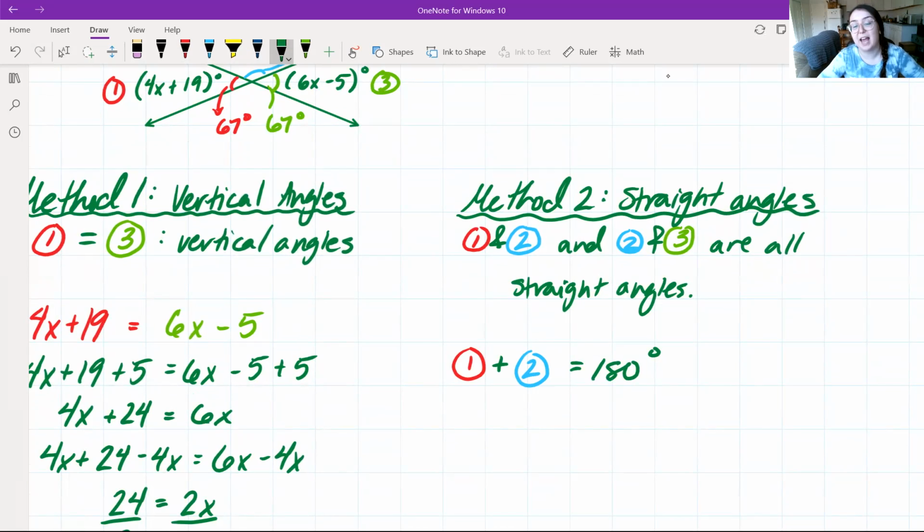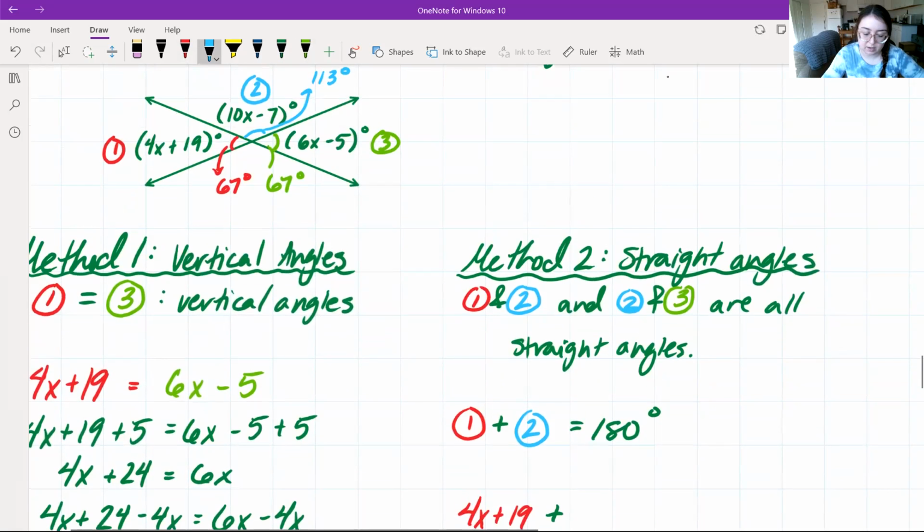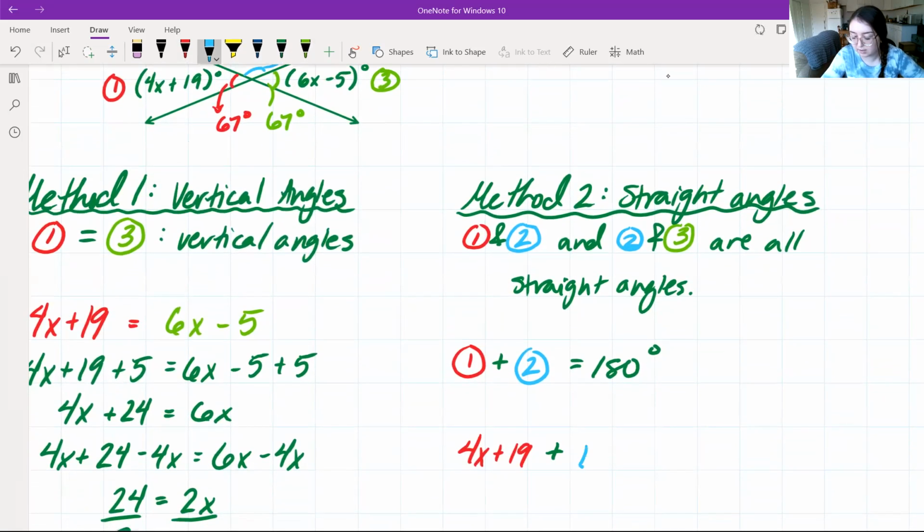So we can go ahead and add our expressions. Angle 1 is 4x plus 19. And angle 2 is 10x minus 7. And we're saying that this is equal to 180.